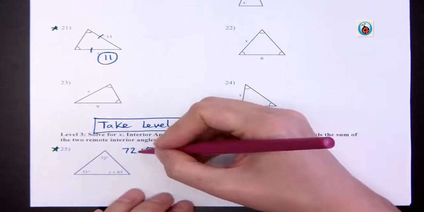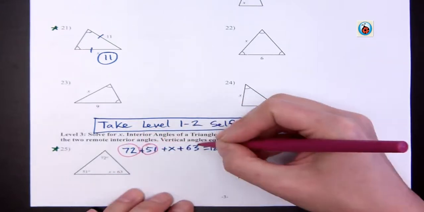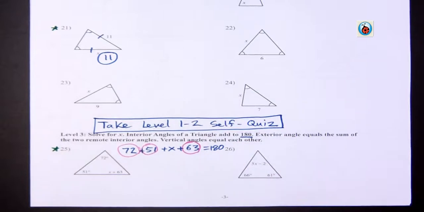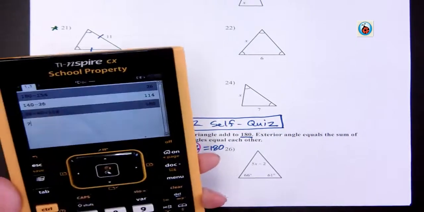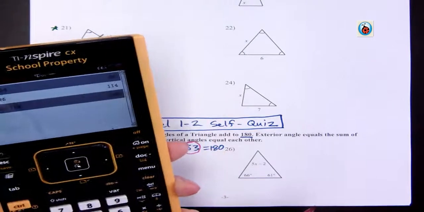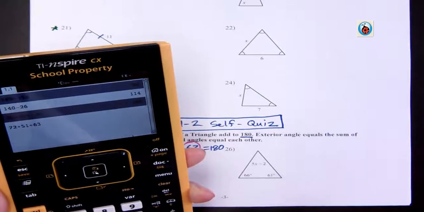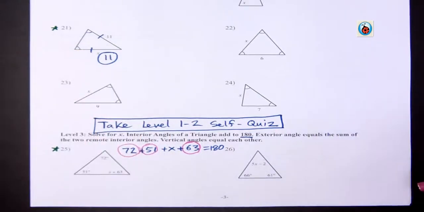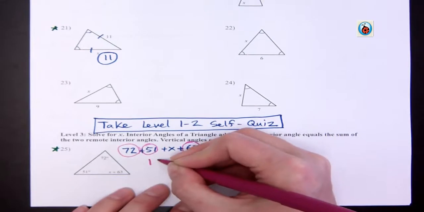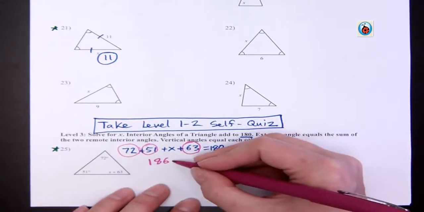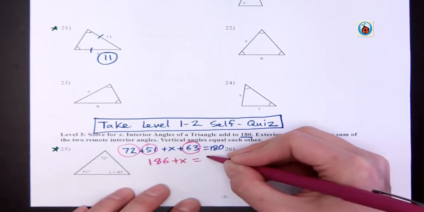Then I'm just going to combine my like terms. And you can do the mental math, or you can type it in your calculator, just 72 plus 51 plus 63, and find out it equals 186. So I have 186 plus x equals 180.